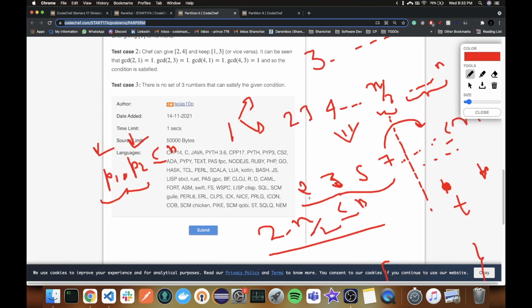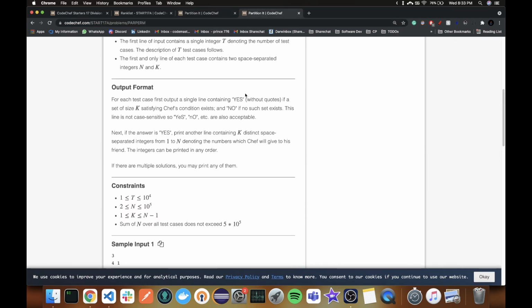If I take any number here, 2 times 3 would land less than or equal to n, and so all their multiples would. If I take 7, again I go there, and again the chain continues. So the chain keeps on continuing, and yeah, I'm right.